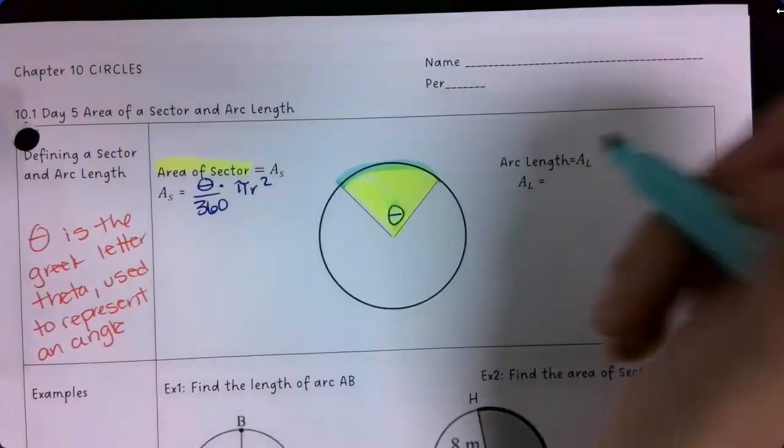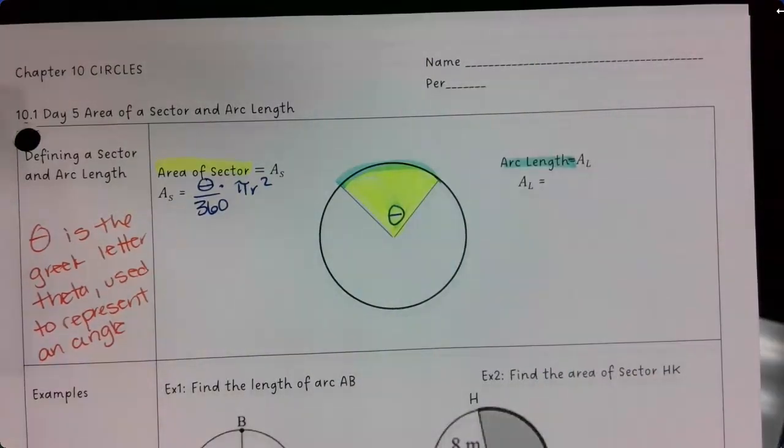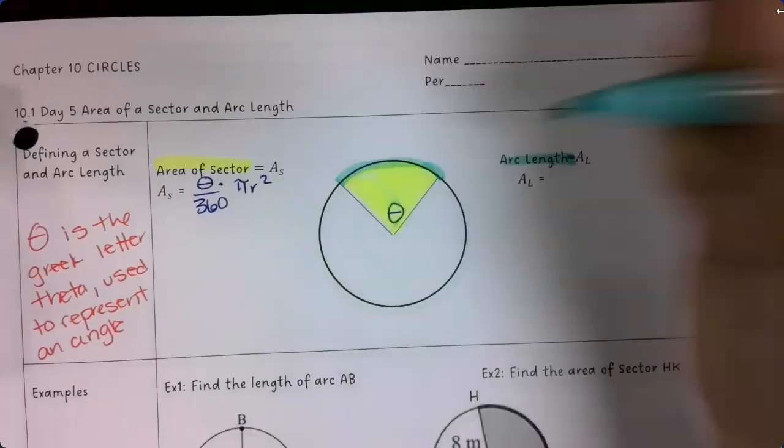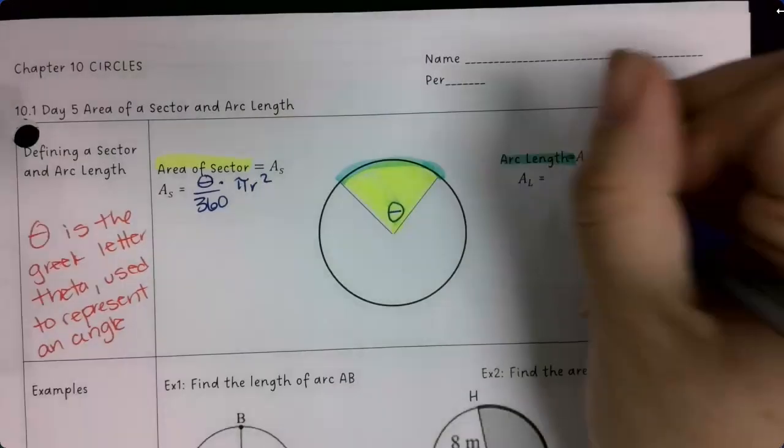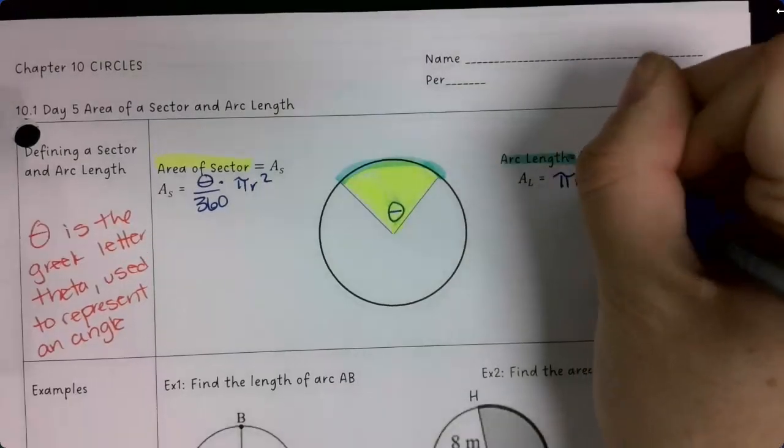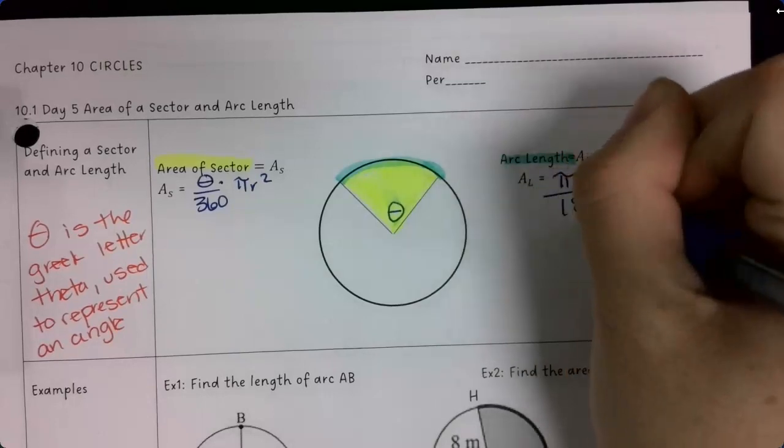Okay, then I have my arc length, which is just the curvy part up top. The formula for this is pi r theta over 180.